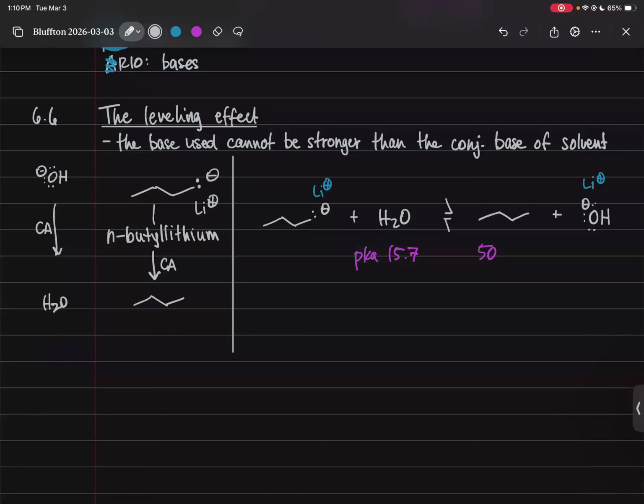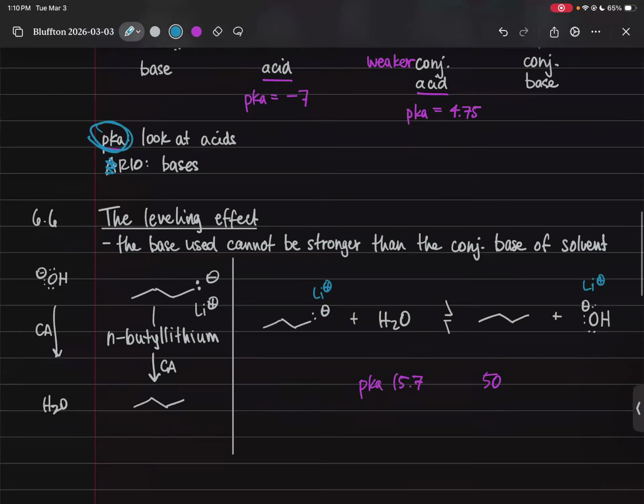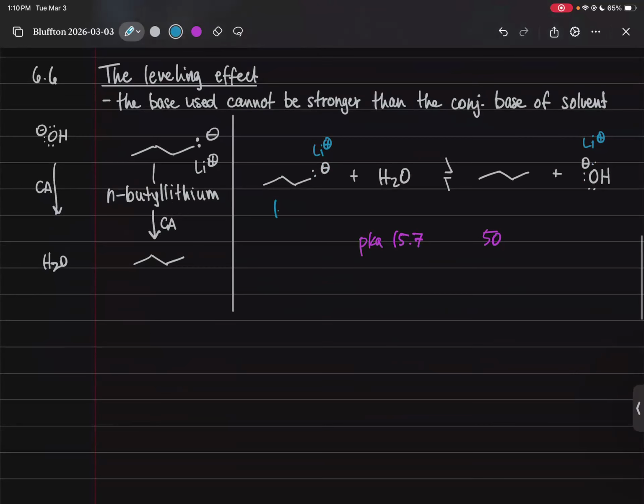Okay, there's our two acids. We should label our base and acids.